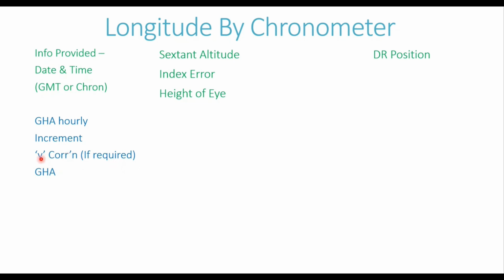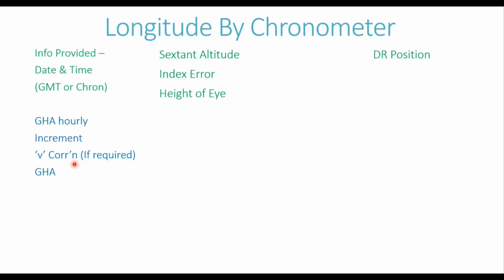And once you combine all three of them, increment is always added, whereas V correction could be plus or it could be minus. It is negative only for one planet, that is Venus. However, in most of the pages in the 1992 almanac, selected pages which we have, the V correction for Venus is negative.